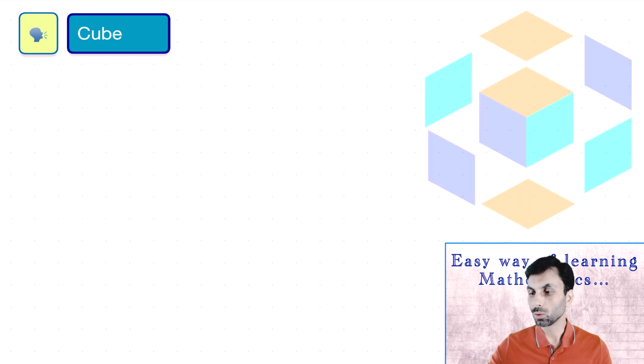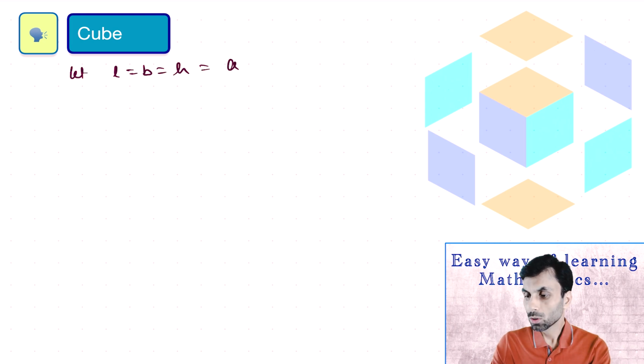Next, when we talk about the cube, a cube is a special type of cuboid. That means when the length, breadth and height of a cuboid become equal, the cuboid becomes a cube. In this case, we'll take L equals B equals H of the cuboid as A. Here again, a cube will have 6 surfaces, and all the surfaces will be squares. The area of a square is side squared.